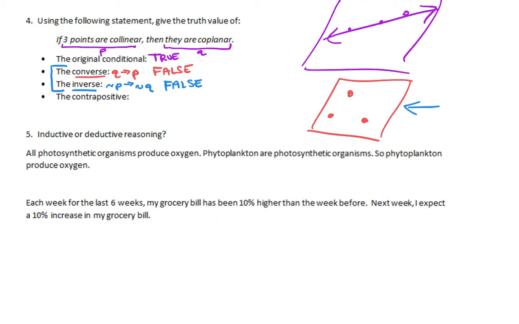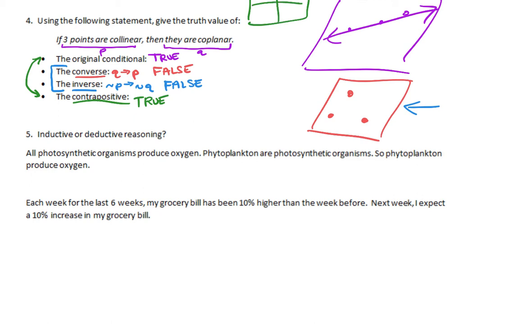And last up, we got the contrapositive. Now there is a shortcut because the contrapositive and the original conditional statement are going to be equivalent. So if the original is true, the contrapositive is always true as well. And we saw that when we did our notes for this section.